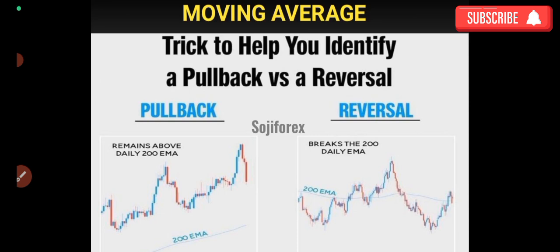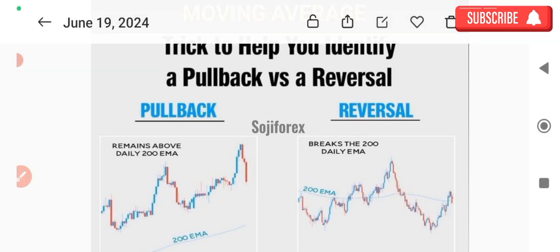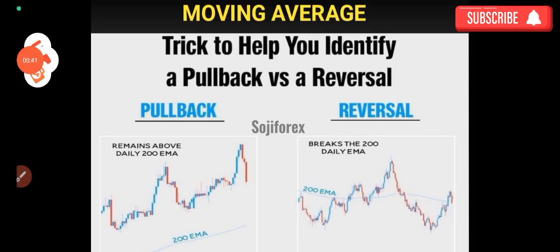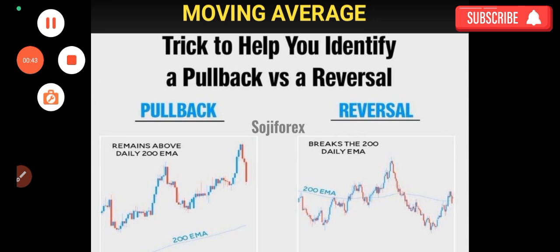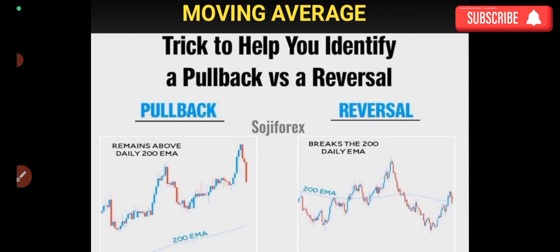So for that case, I'll be sharing with you two easier ways today, which you can use to identify your pullback or a reversal, so you can differentiate these two methods.